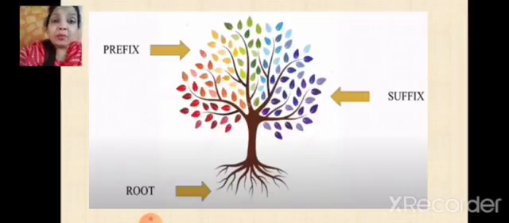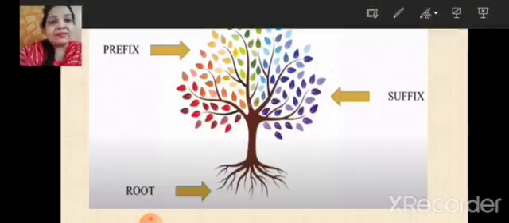Now you have to remember these 3 labels along with this wonderful tree and beautiful leaves in your mind, and we will get back to why this tree is important when it comes to prefixes and suffixes. So yes children, let us move ahead.